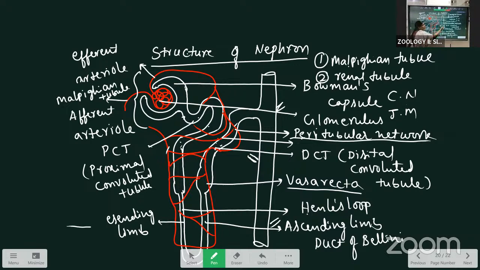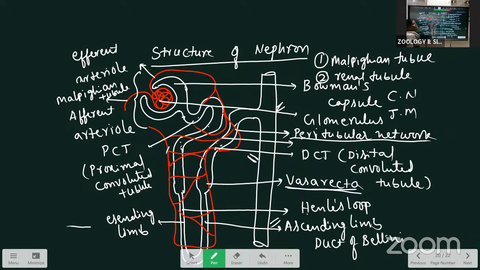Inside of the juxtamedullary nephrons, it is not like that. They have a large Henle's loop, and this large Henle's loop has more blood vessels, meaning a well-developed vasa recta is present. That is the difference between the two types of nephrons.